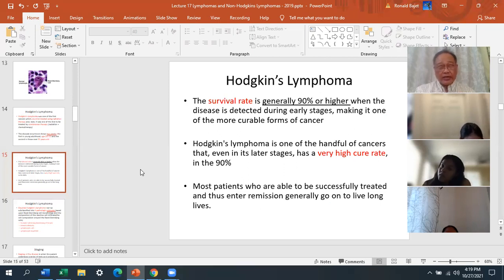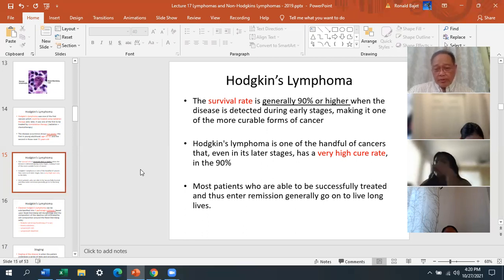So Hodgkin's disease used to be a long time ago a terrible cancer, but now, because of the treatment and therapies, the survival rate is pretty good, greater than 90%. And Hodgkin's lymphoma is one of a handful of cancers that even in the later stages, it still has a pretty good success rate in curing, still over 90%. So Hodgkin's lymphoma is a very curable cancer.